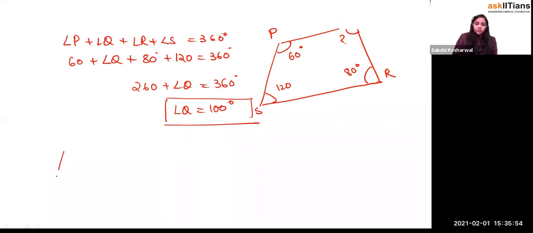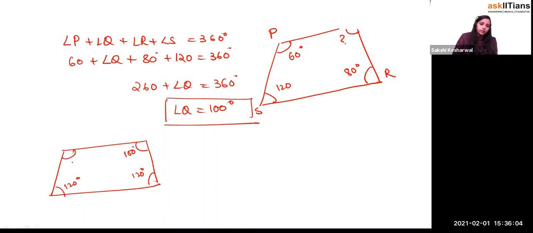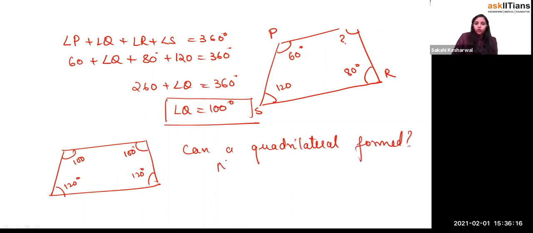Now let us suppose I made a quadrilateral like this. I made this angle 120 degrees, this angle again 120 degrees, and this 100 degrees, and this 100 degrees. Can a quadrilateral be formed? No, it cannot be formed.